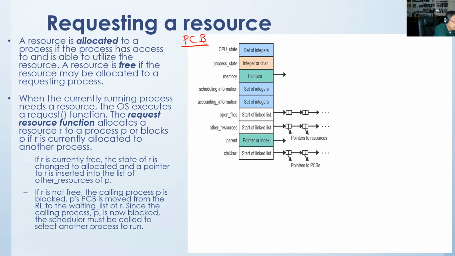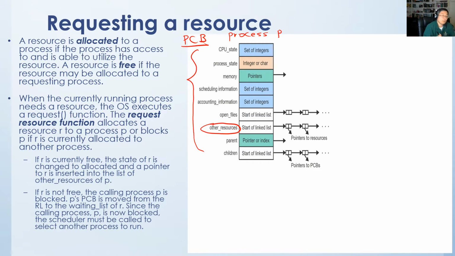Okay, so you can see all the fields for the PCB. Now let's say that's the PCB for process P. One of the things we need to pay attention to in the PCB is the other resources.